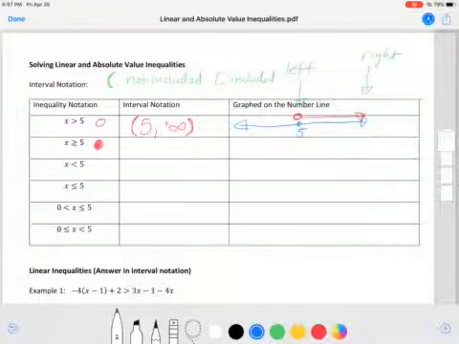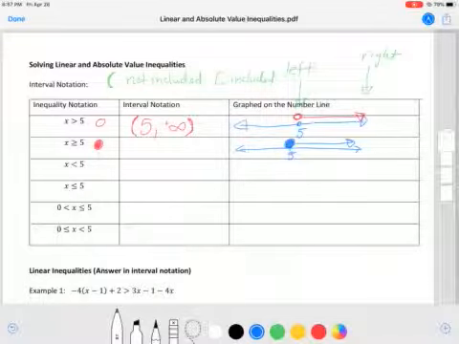Okay, for the next example, it's the same idea, but this time we're including the 5. So when I draw my circle above the 5, I'm going to draw it filled in, and I'm going to draw it to the right because this is saying x is greater than or equal to 5. So I want everything to the right of 5 plus include 5.